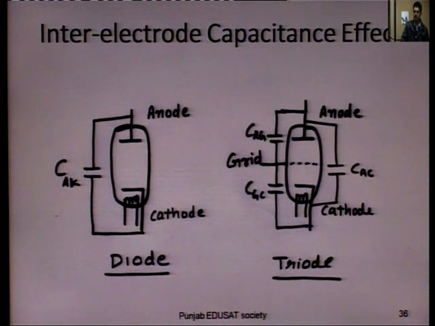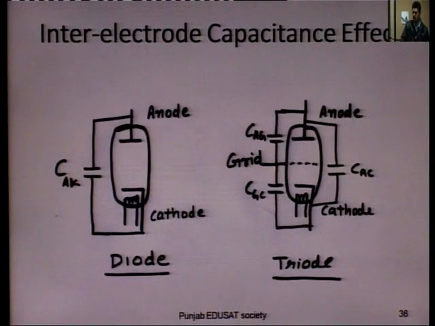But as the frequency increases, microwaves are very high frequency, and when we use this type of tube at microwave frequency, obviously reactance Xc will fall. As a result, the output can couple to the input. Due to this feedback, the gain will reduce if we are using a triode as an amplifier at microwave frequency, because capacitance CAG, anode to grid, is very small.